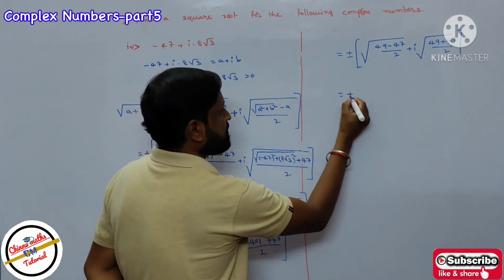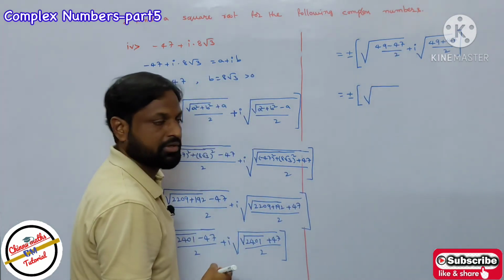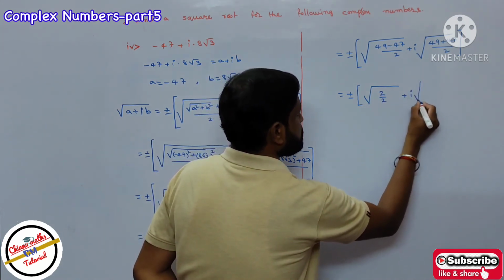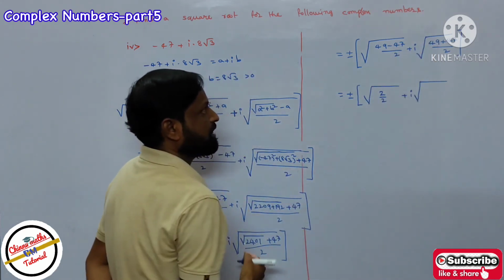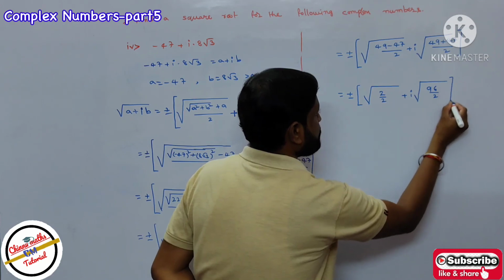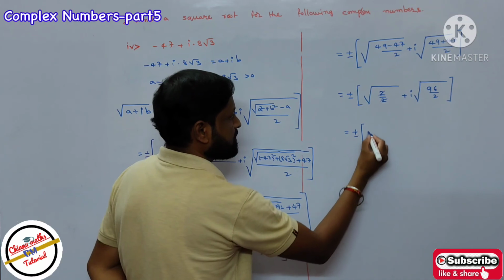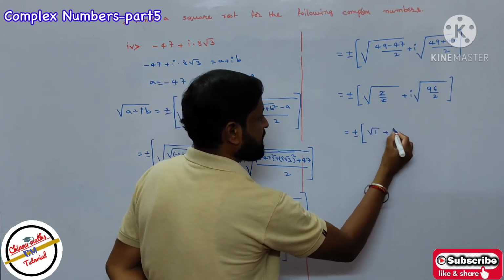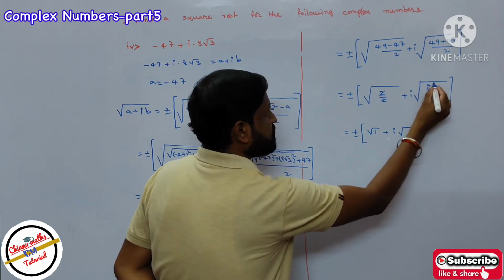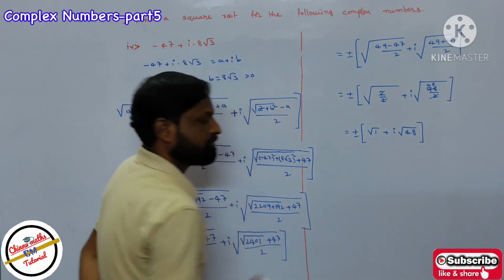Then plus or minus the square root of 49 minus 47, which equals 2, that is 2 by 2, plus i into the square root of 47 plus 49, which equals 96 by 2. So the 2s both get cancelled. Then plus or minus the square root of 1 plus i into the square root of 48.